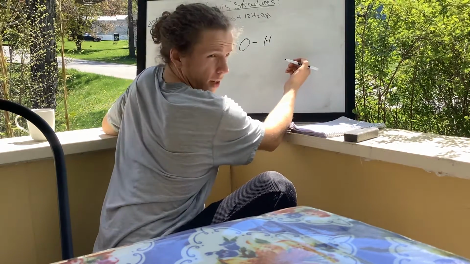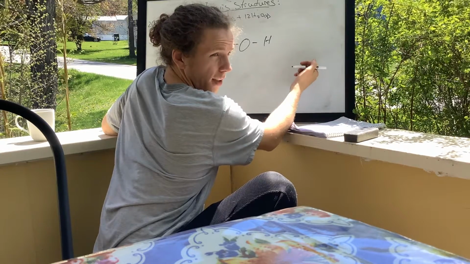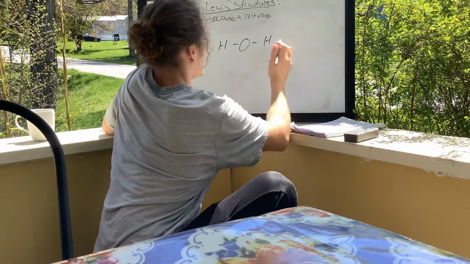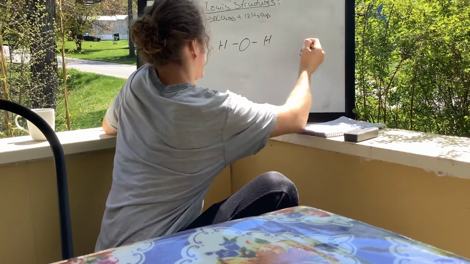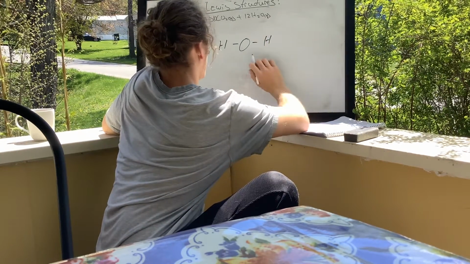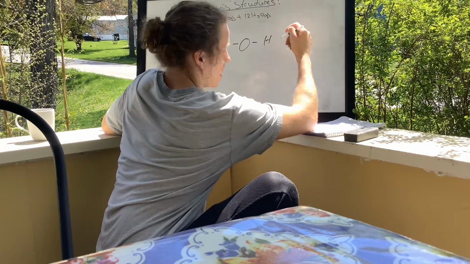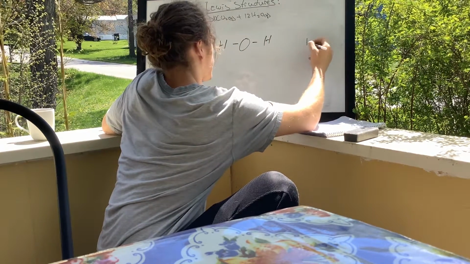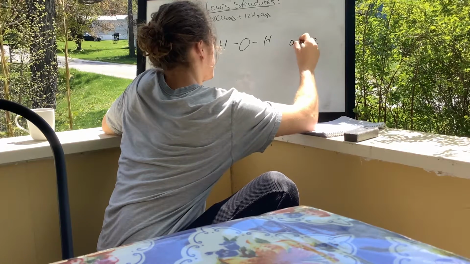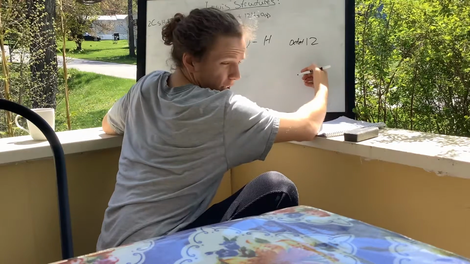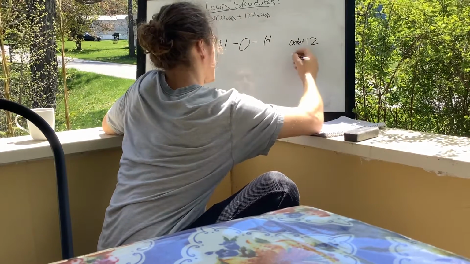Because they want to fulfill their weak little mini octet, just like lithium does as well. And they want 2, so that's going to be 4 plus the 8 the oxygen wants. So that gives us 12 for the octet. And what do we have total? We have 2 for hydrogens, and we have 6 for oxygen, so we actually have 8.